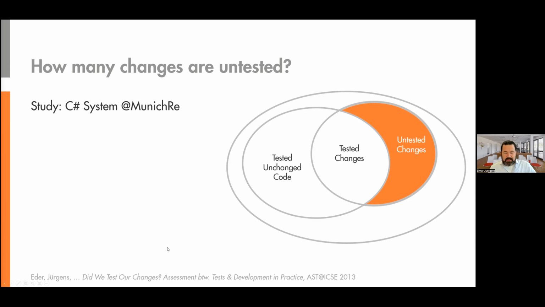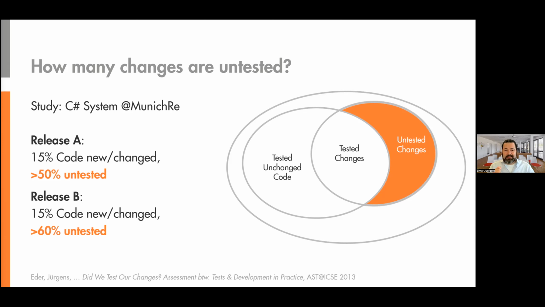And for that, we completely analyzed 2 entire releases. And we categorized the code into changed and unchanged code and tested and untested code. And for that, we profiled the entire testing efforts, automated tests and manual tests, to know for everything that was tested, which test or that it was tested or not.